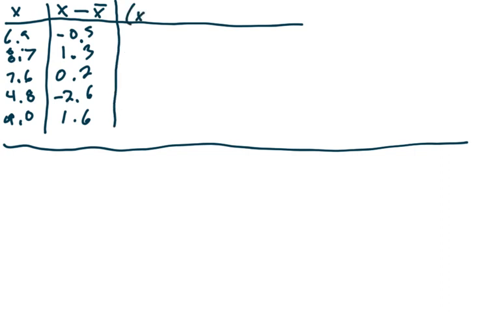I'm taking my previous column and squaring it, and this way every term will be positive. In my calculator, I square each value and get 0.25, 1.69, 0.04, 6.76, and 2.56.